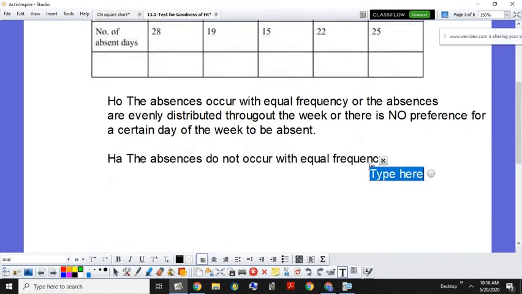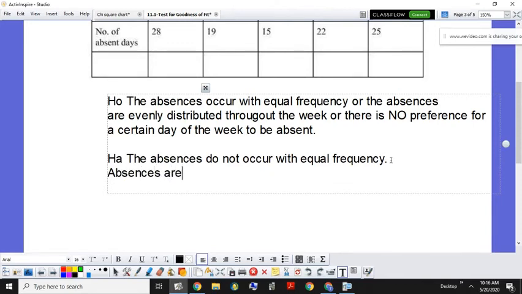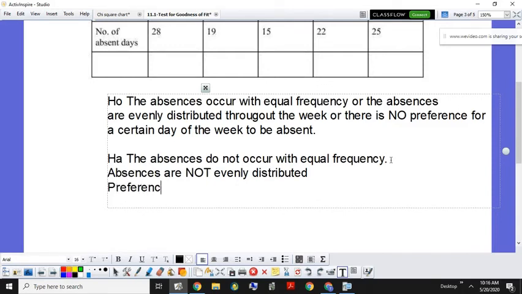So if you said the second one, you would say absences are not evenly distributed. Or if you said there is no preference, you would say there is a preference in day of week for absence. Okay, so you have 3 choices on this one on how you want to set up your Ho and Ha. It doesn't matter to me.